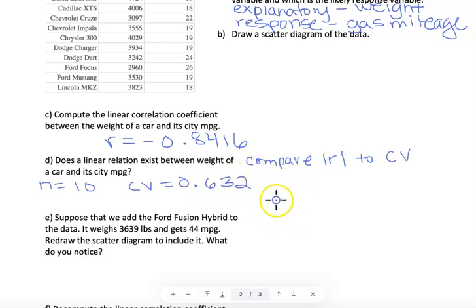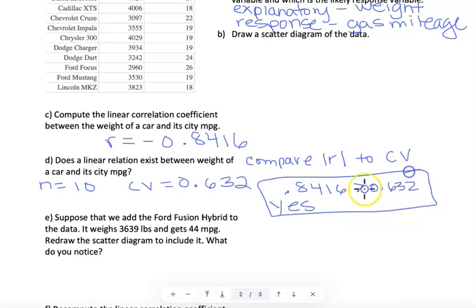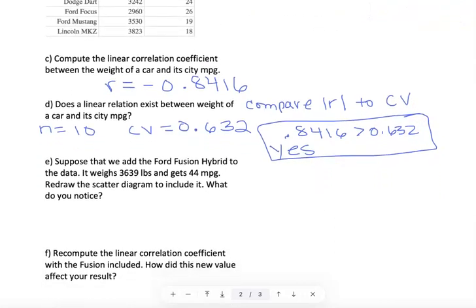And so the absolute value of r in this case would be 0.8416, because absolute value changes it to positive. That is greater than the critical value, which means yes, there is a linear correlation. And this is our proof here. We don't just say yes, we have to prove that it's a yes.